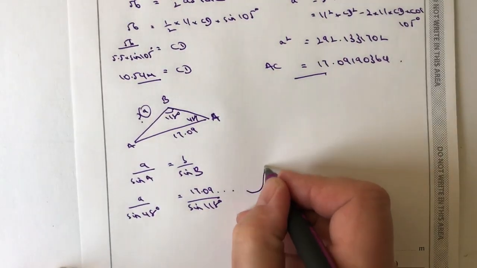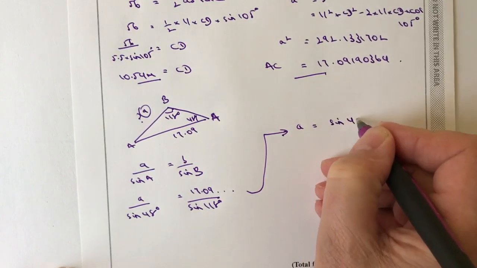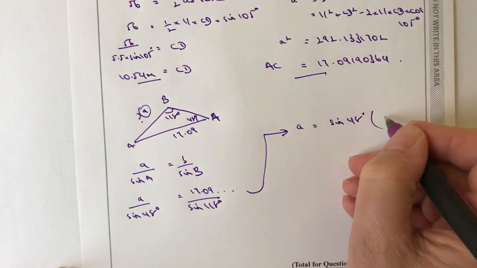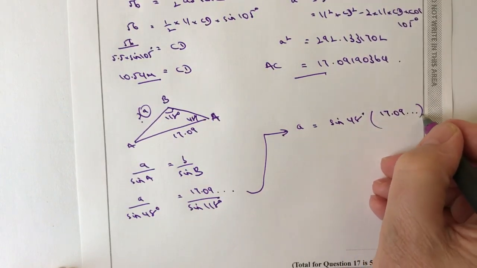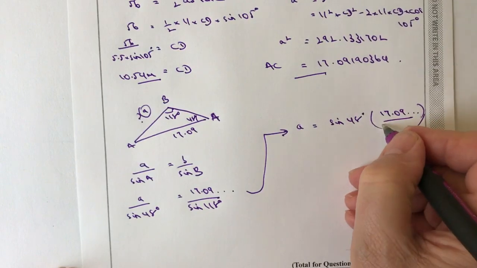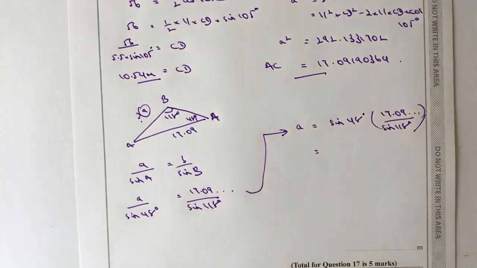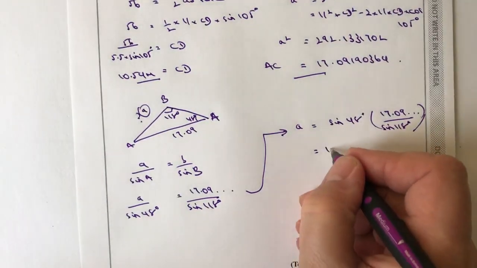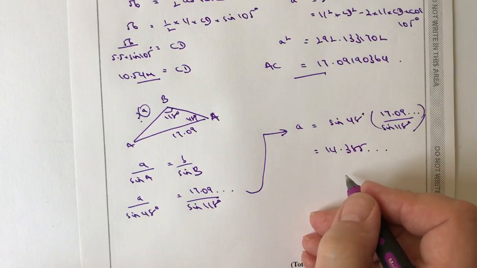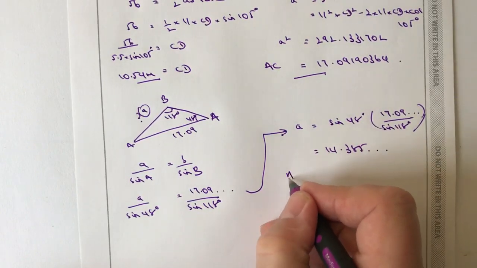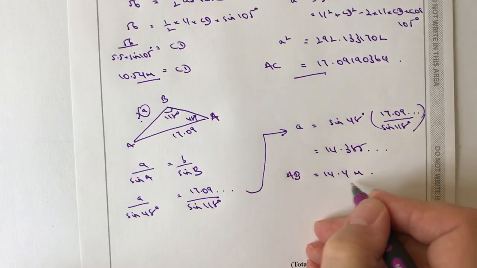So A equals sine 48 degrees multiplied by 17.09, divided by the sine of 118. When I pop that into my calculator, I get 14.385. So the answer to the question is that AB equals 14.4 meters.